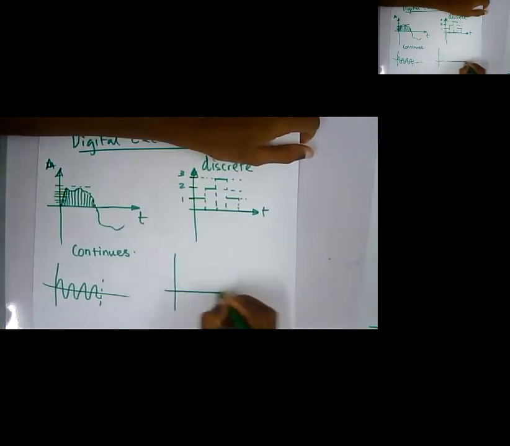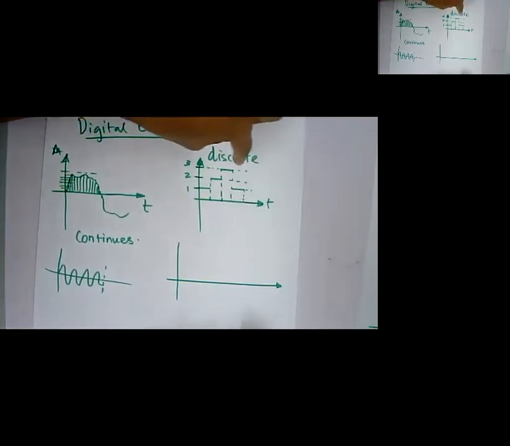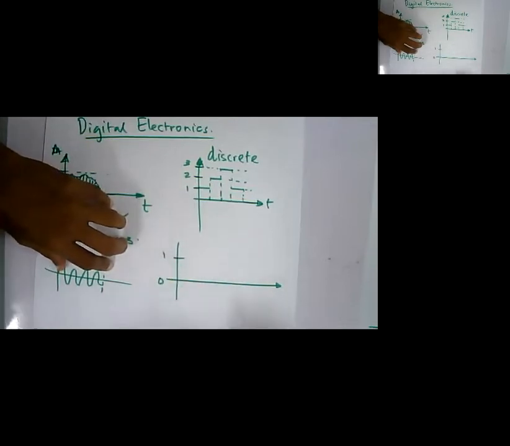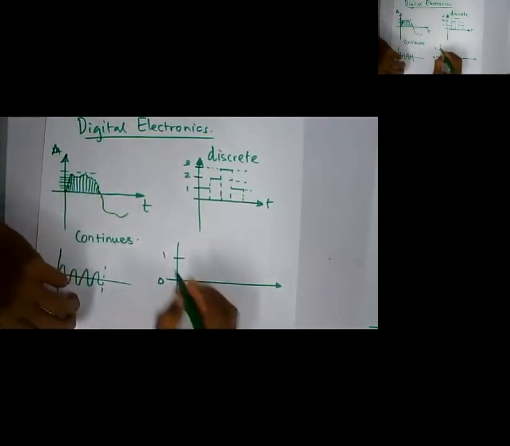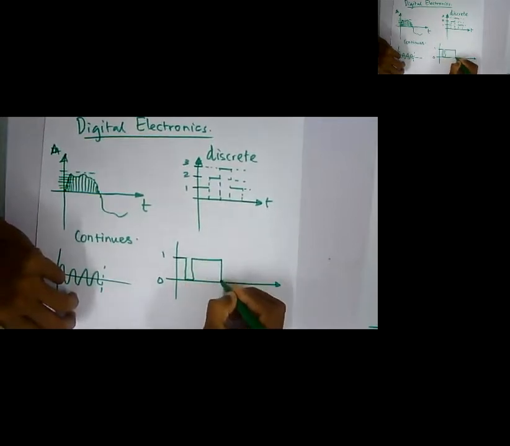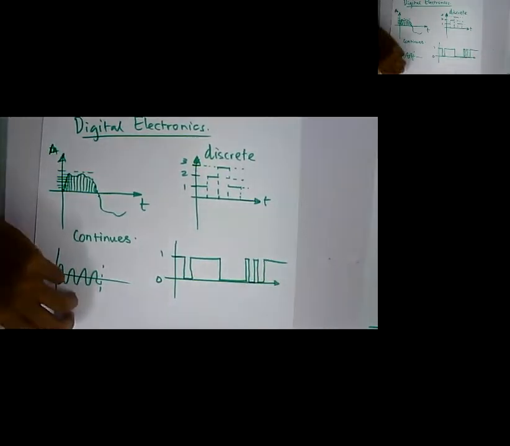We also have another type, which is the digital signal, a special type of discrete signal which has only two levels: one is 1, the other is 0. A digital signal is a special kind of discrete signal which has ones and zeros only. It could be something like this.